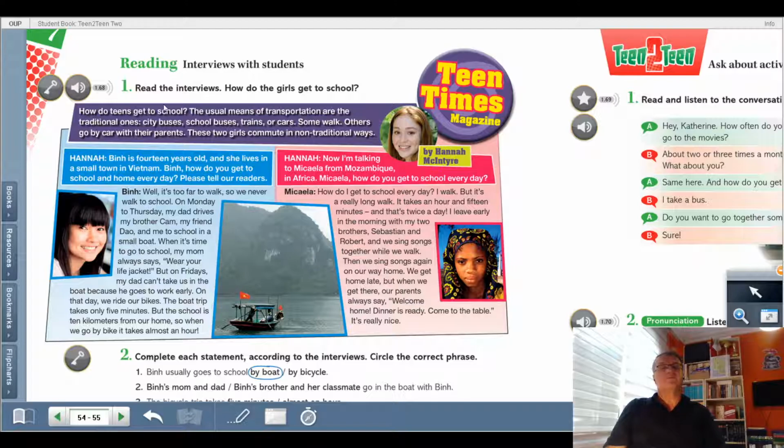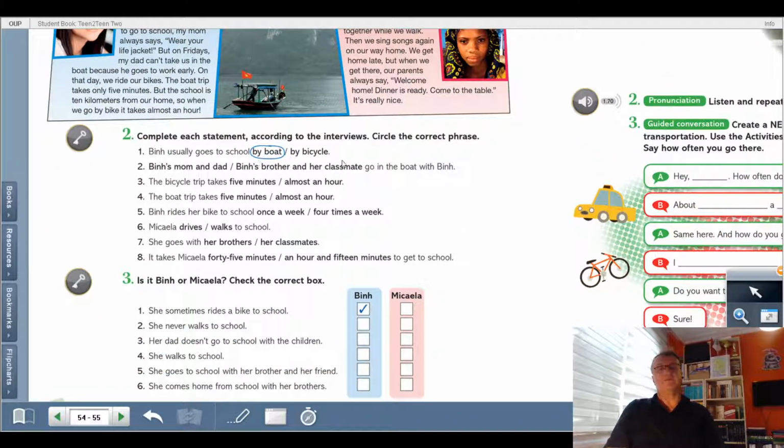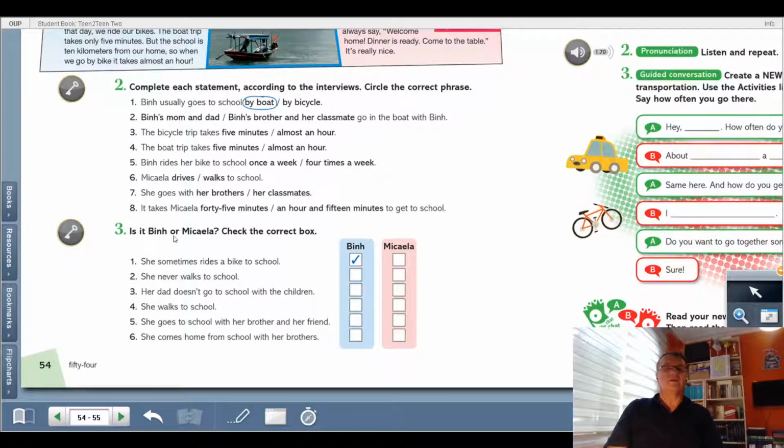Yes. Now I want you to read again the interviews and look at each statement, and according to the interview, circle the correct phrase, okay? And then there comes, is it Bin or Michaela? Check the correct box.